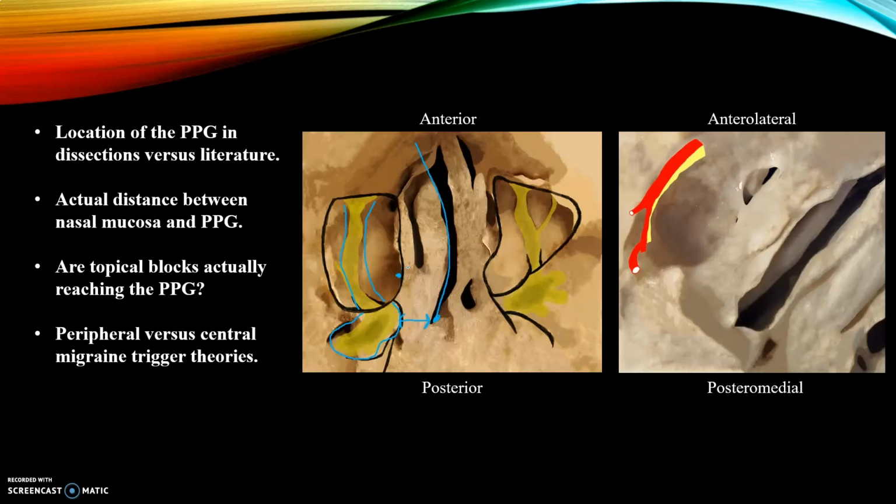So again, if there's actual bone in between where you're applying your block and the ganglion that you're trying to block, that suggests that perhaps we're not actually blocking this ganglion at all when performing a lot of these blocks. Here in the second picture, unfortunately, you can't actually see the ganglion. This again is the infraorbital nerve and then artery, and here's a couple of the branch points that occur.